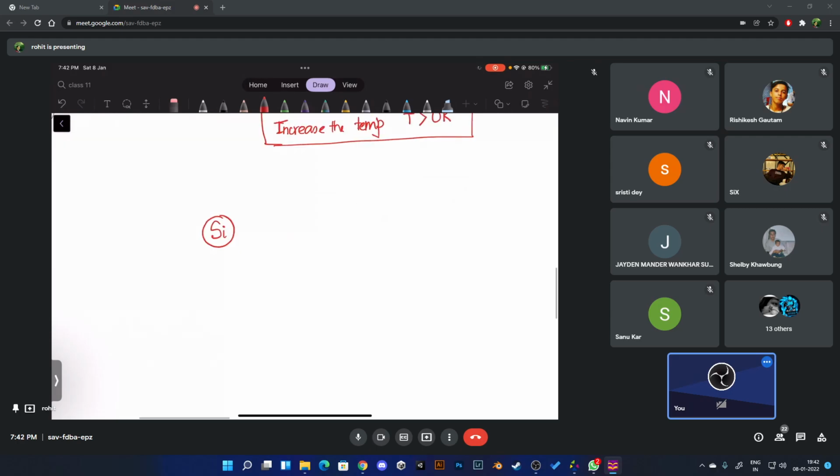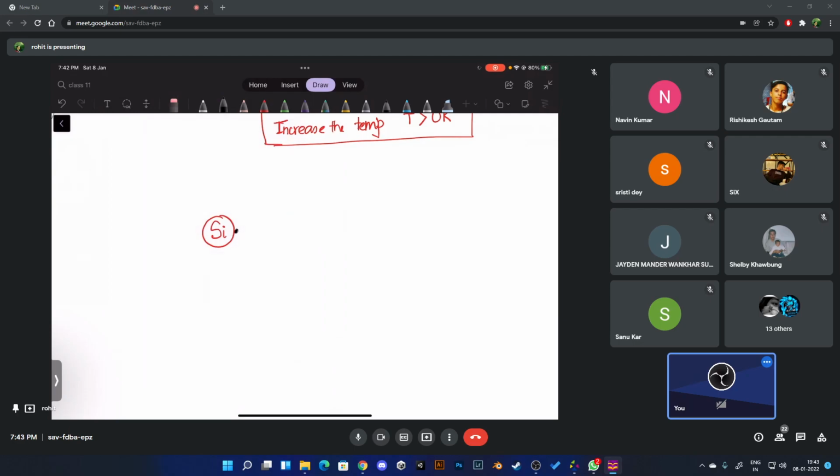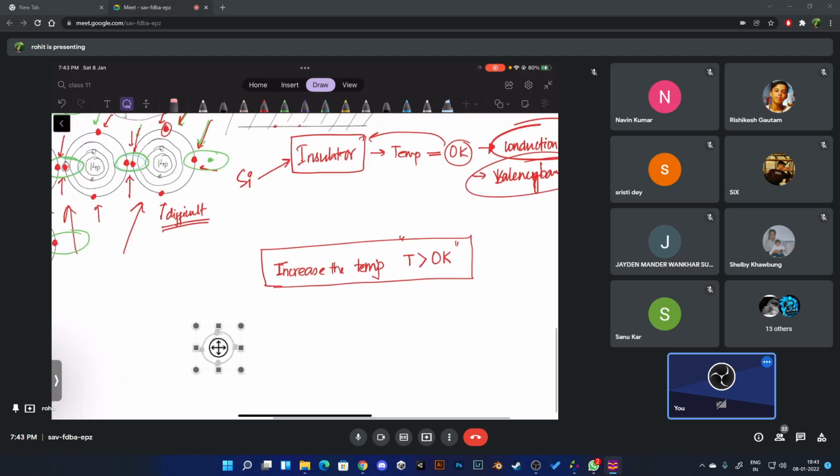Okay, check. Let me make it like this. 4 electrons. I don't have to talk about the others, they are inside, so they are not so interesting. So this is a picture of one silicon. Let me just copy and paste. Notice we are not at 0 Kelvin now.